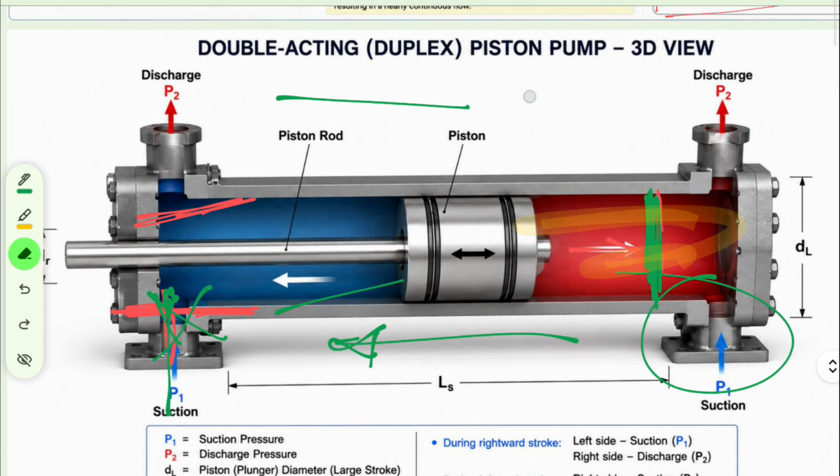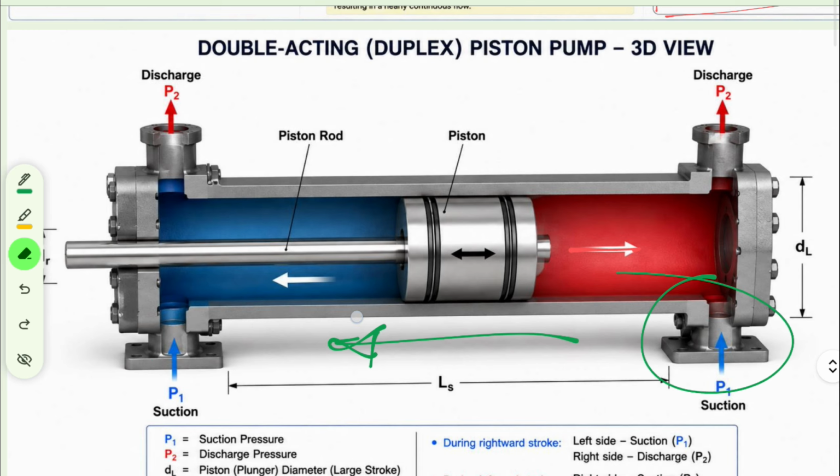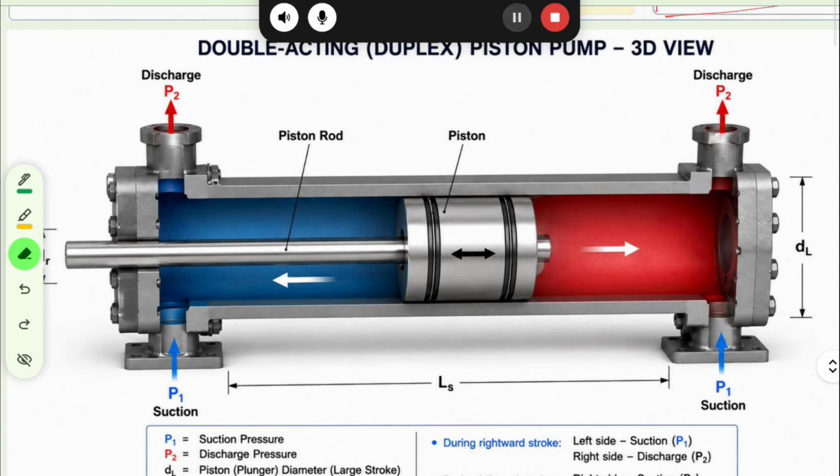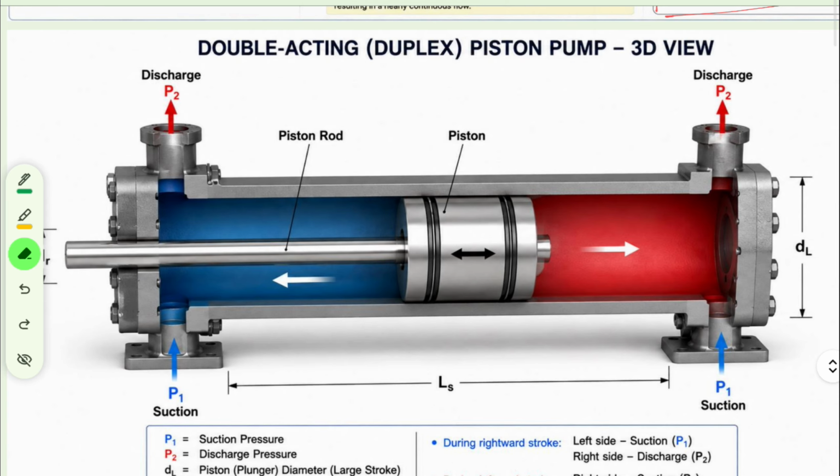let me erase over here. The important thing we are talking about is the volume.